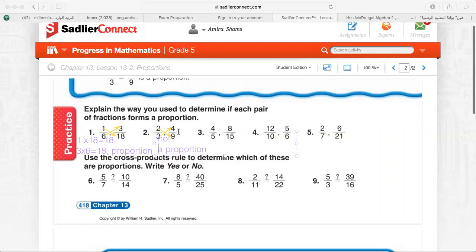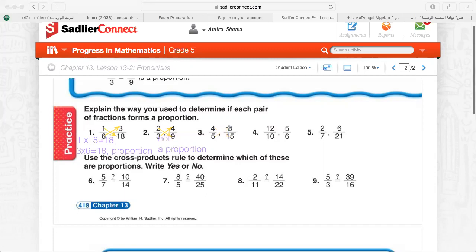Teacher, can I answer the next one? Yes, Sarah. Do you want to use the cross product or simplifying?